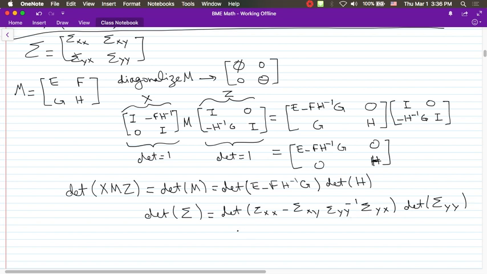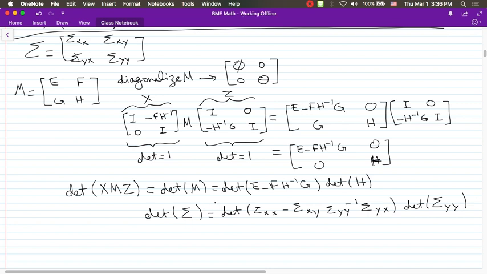Look what I got. What was sigma? Sigma was the variance-covariance of the joint probability, x and y, right? I've just shown you how you can take the determinant of this. Why do I need the determinant of the variance-covariance matrix? Why do I care about the determinant? Because that's the normal distribution, right?